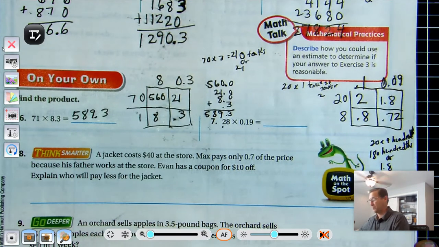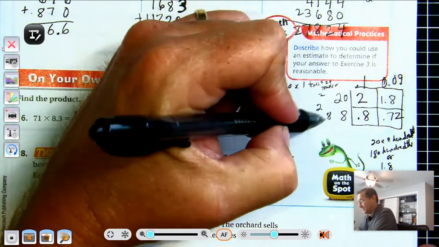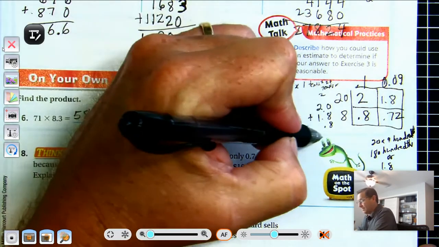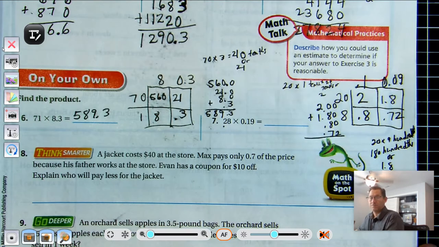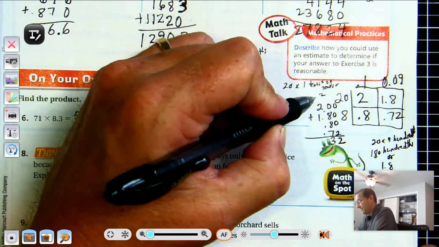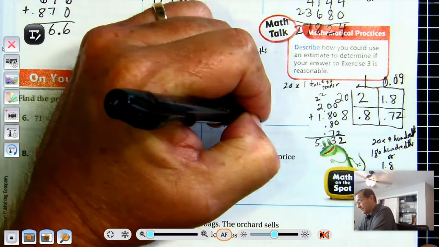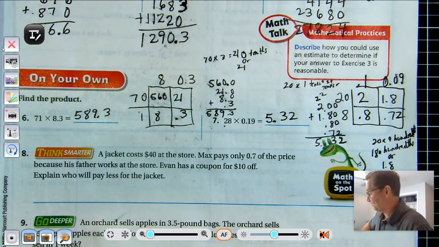So add all those partial products up. 2 plus 1.8 plus 8 tenths plus 72 hundredths. Well, 2 plus 0 hundredths is 2 hundredths. 8 and 8 is 16, plus 7 more is 23 tenths. 2 wholes plus 2 more is 4, plus 1 more is 5. So 5 and 32 hundredths.